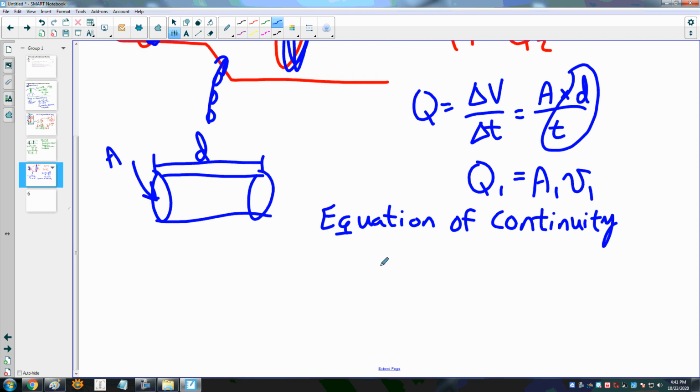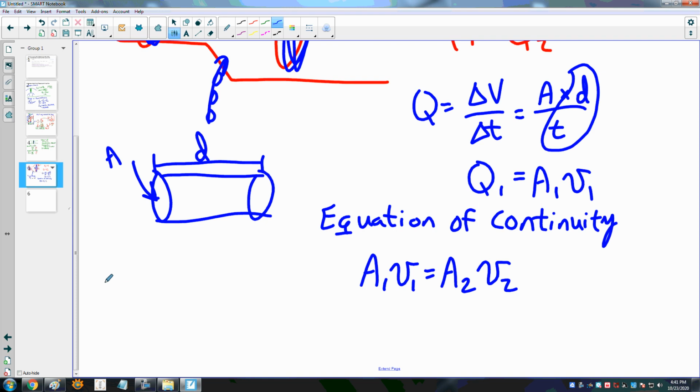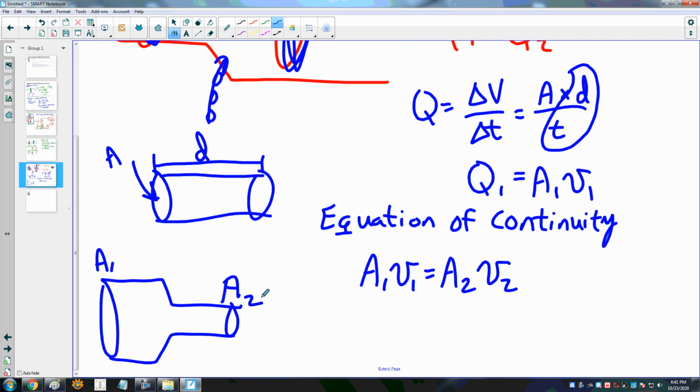And the equation of continuity says that A1V1 equals A2V2, that the area right here times the velocity of my fluid will equal the area times the velocity of my fluid here. So if I'm looking at a pipe that gets smaller, for example, A1 over here is big, A2 over here is small, what happens to my velocity?